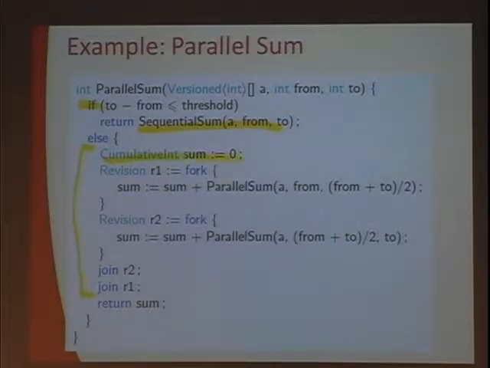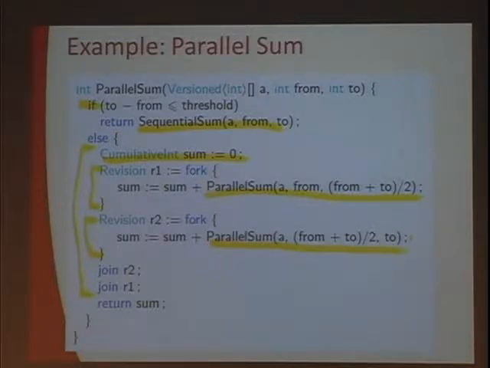Otherwise, we divide and conquer. We have a special type of version variable called a cumulative int that we initialize to 0, and then we essentially spawn two revisions: one to sum up the bottom half of the array, and another to sum up the top half. We accumulate the results into the sum variable.